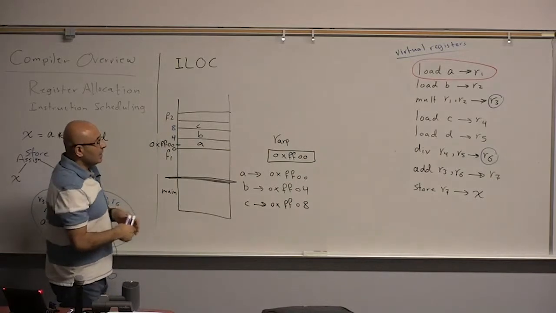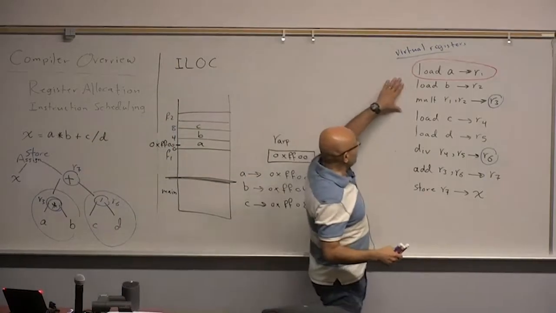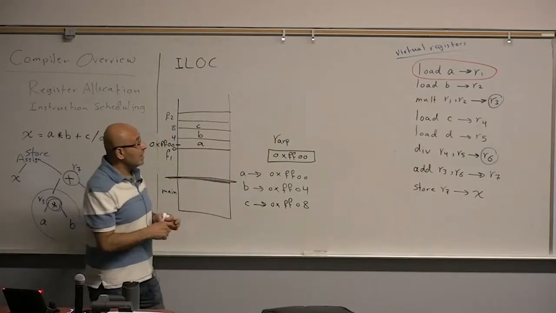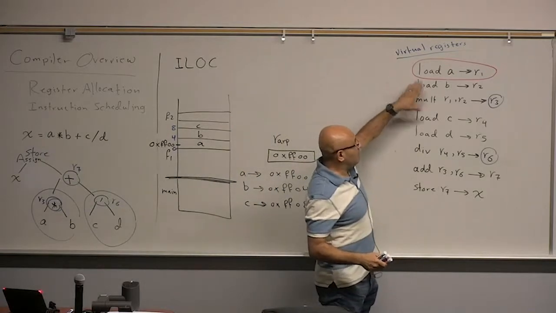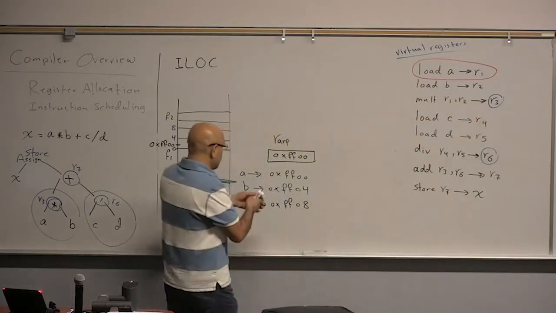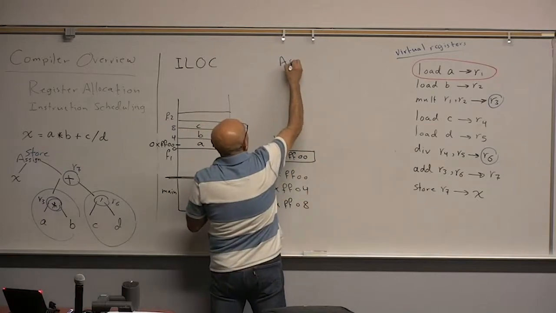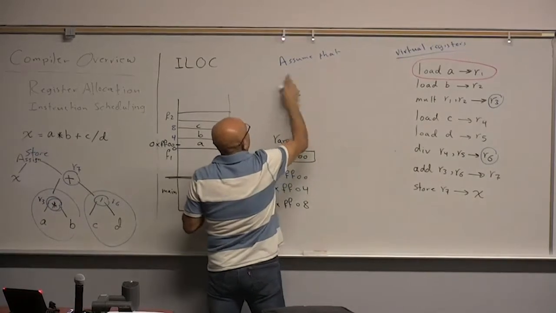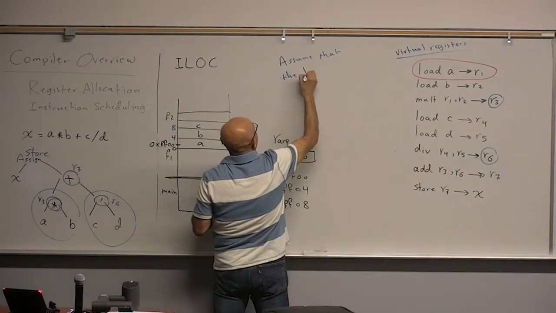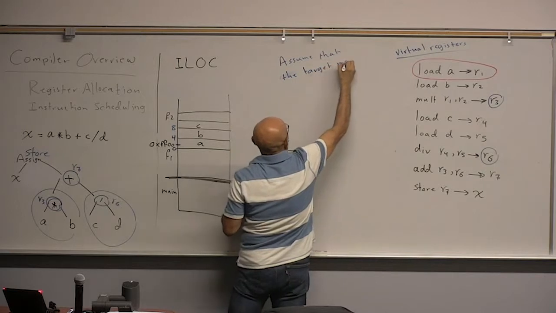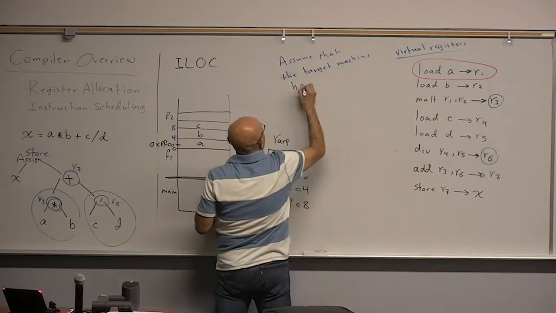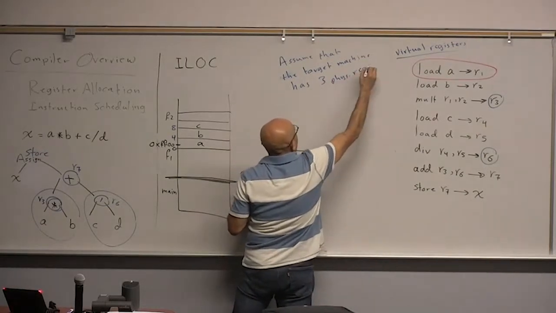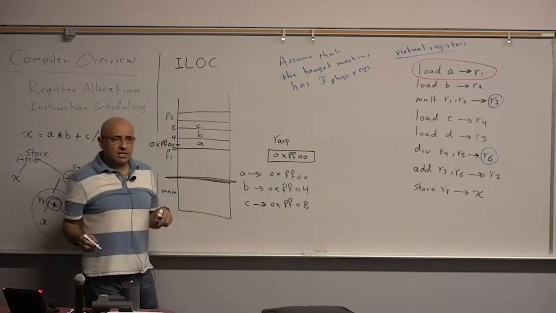Okay. Now how does the compiler, how does the register allocator map these virtual registers into physical registers? Now let's assume that the target machine has 3 physical registers.